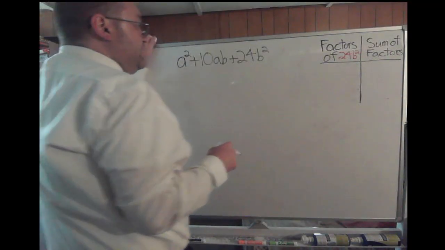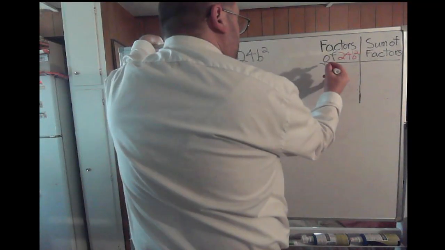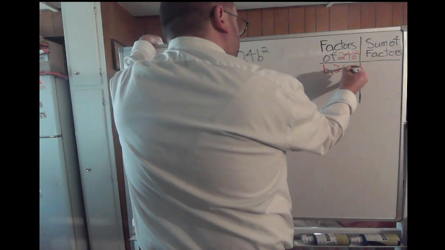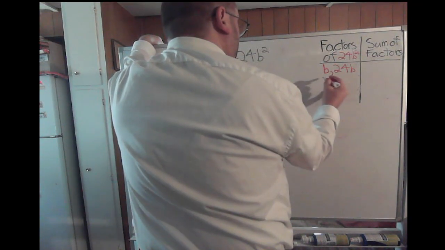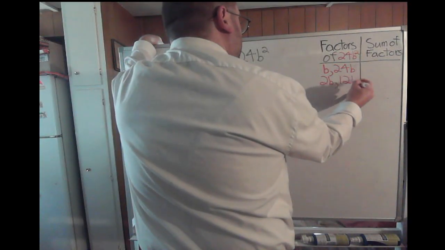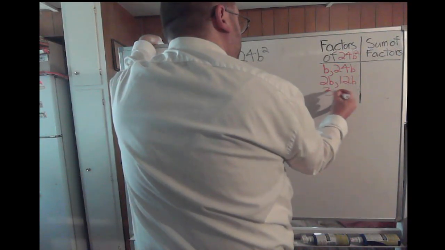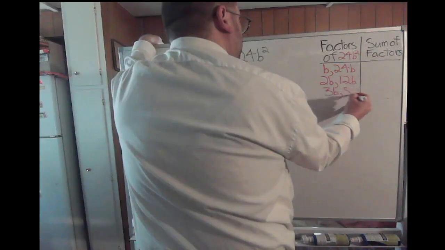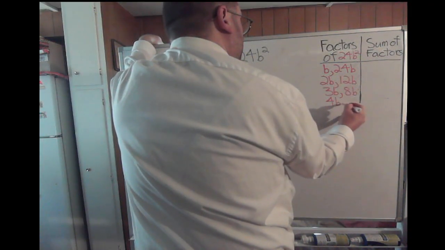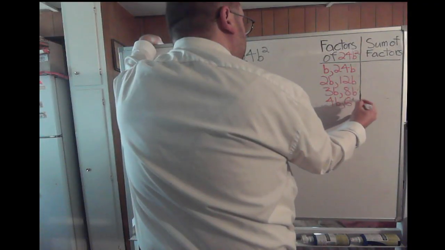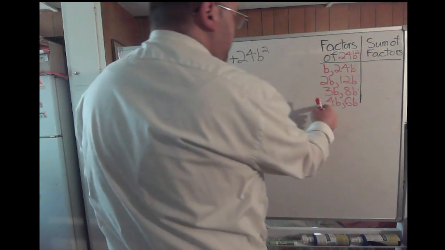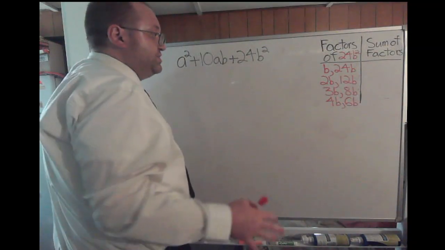So factors of 24b squared would be b and 24b. What else would you get? You get 2b and 12b. You would get 3b and 8b. Then you would get 4b and 6b. Because when you multiply these factors, you would get 24b squared.